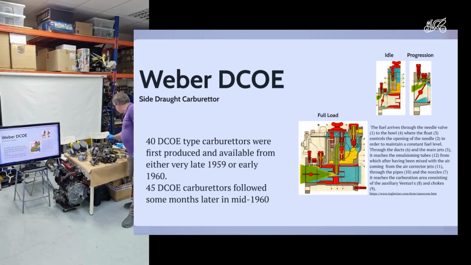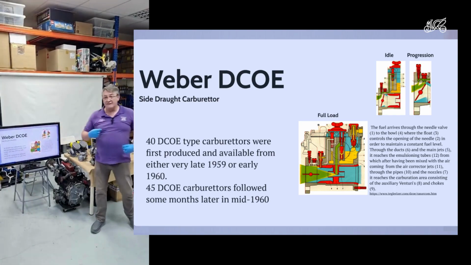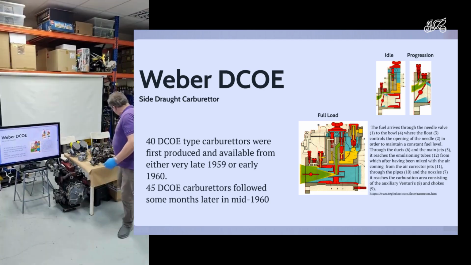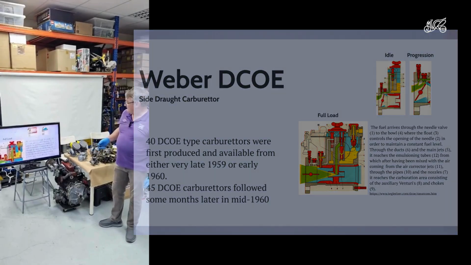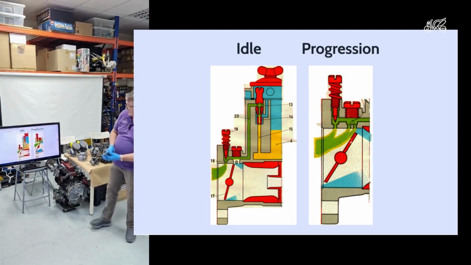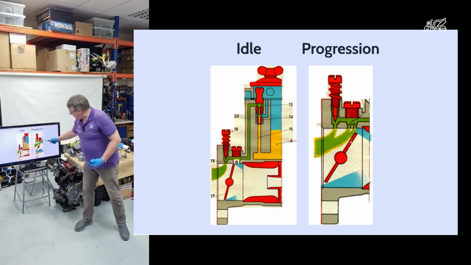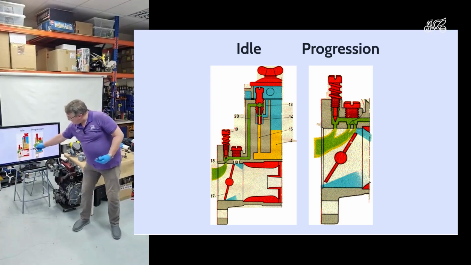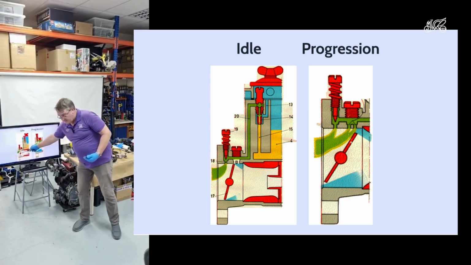But down at idle, they struggle because there isn't enough suck, there isn't enough airflow, and they really struggle to deliver the fuel. And that's why they've got some additional features. They've got an idle jet and some progression tubes. So again, when the car's idling, the throttle is pretty much closed.